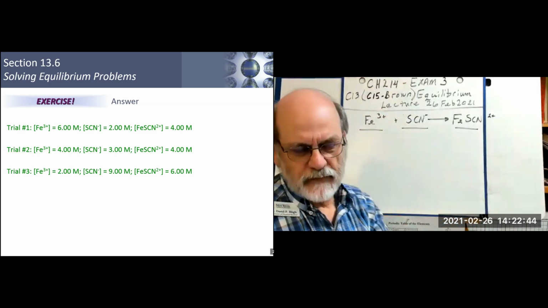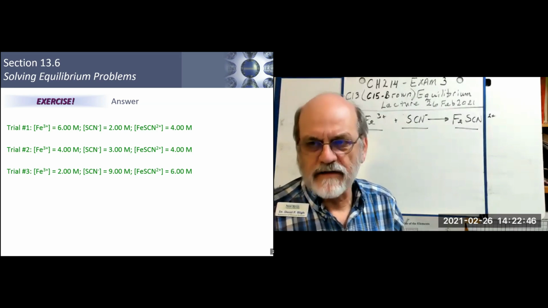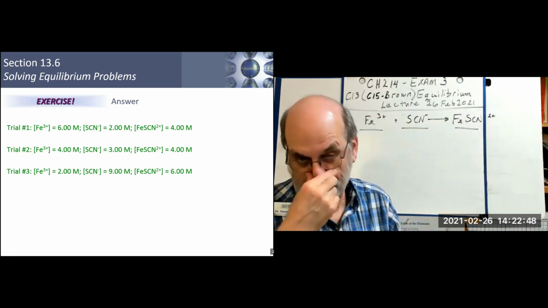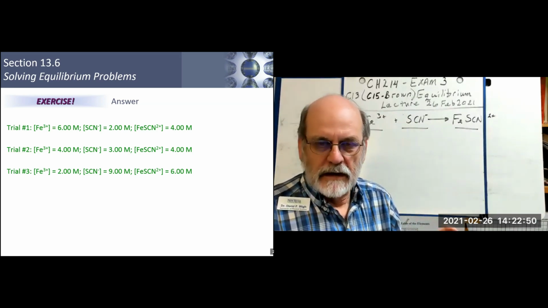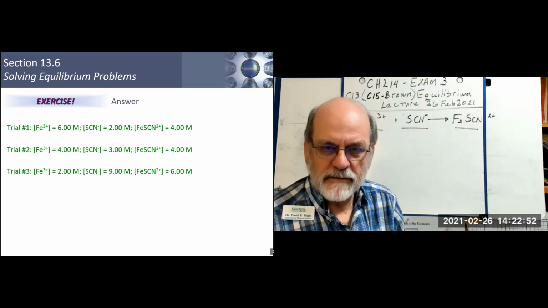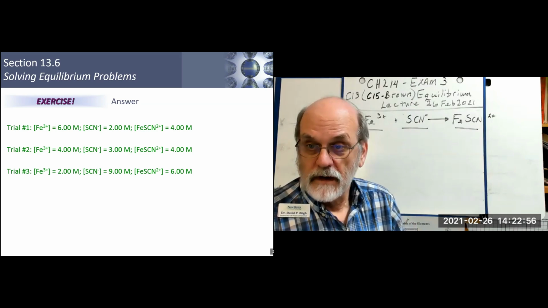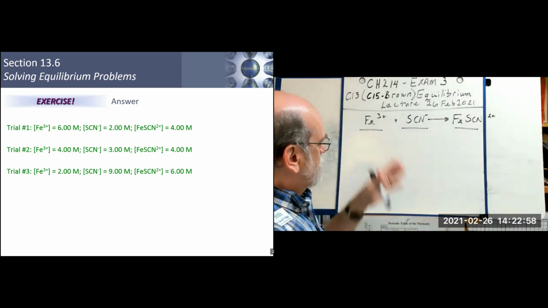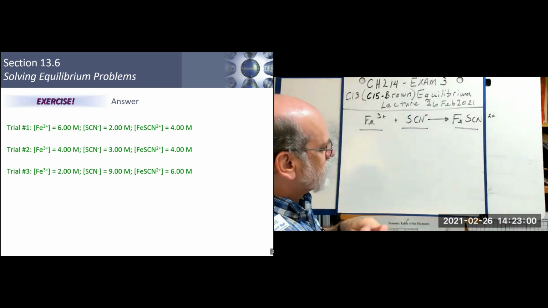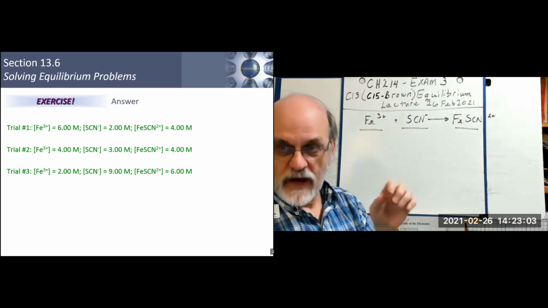It's called the method of successive approximations. The short version is you set up the equation in such a way that you have your x's in there.